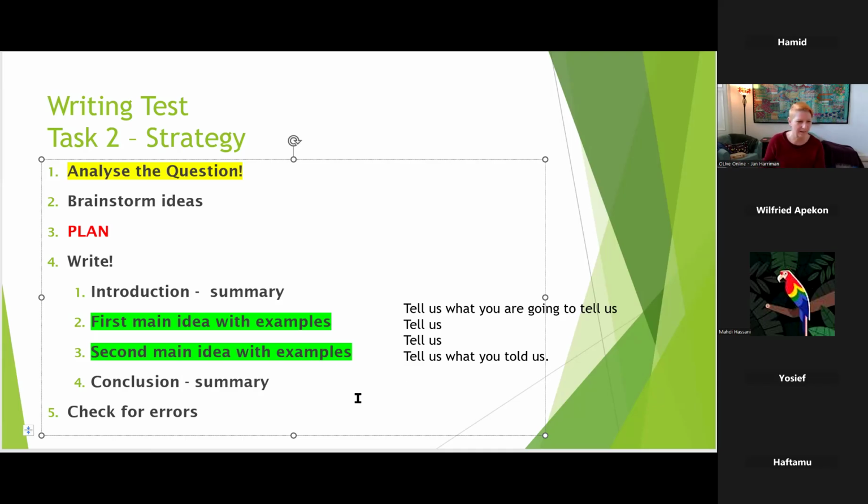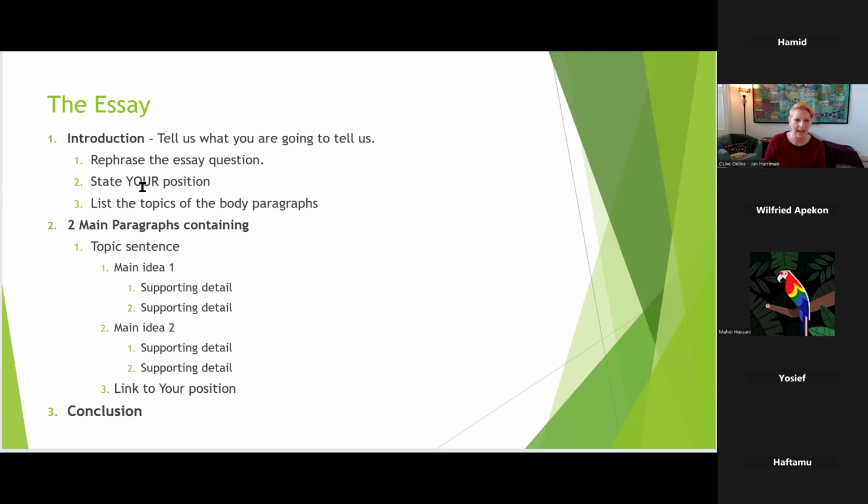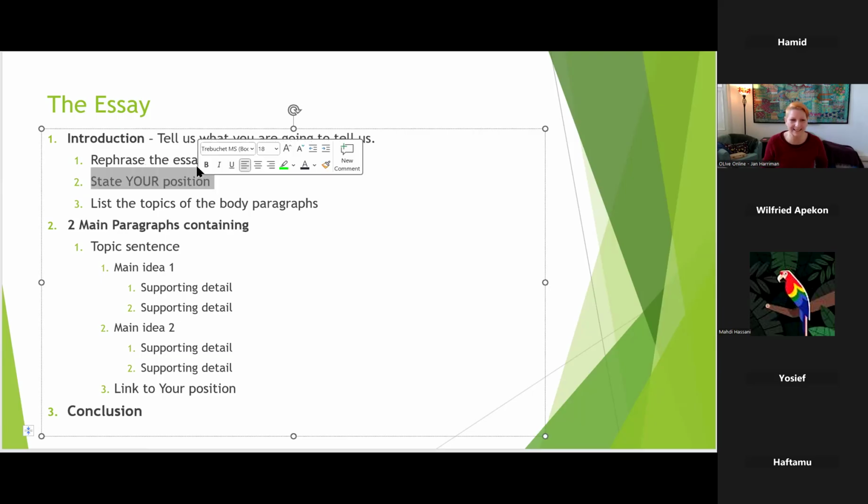I hope. All right. So in the essay, the introduction, as I said, tell us what you're going to tell us. Rephrase the essay question, state your position. So important. State your position. And list the topics. What are the main topics going to be for these 2 paragraphs?